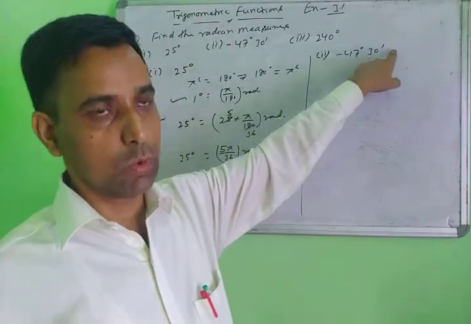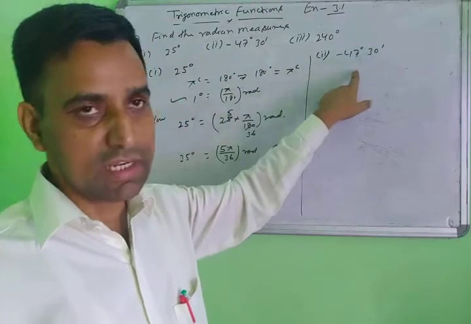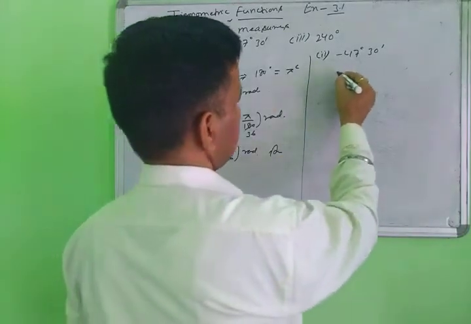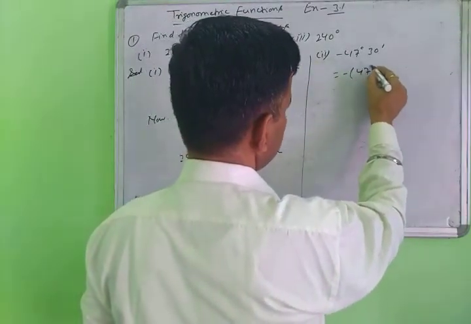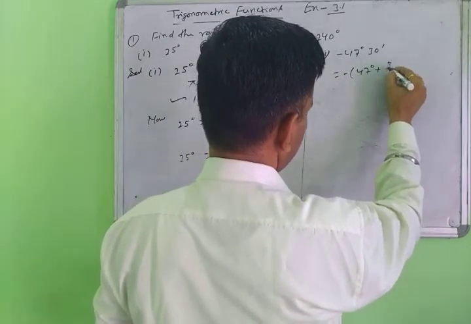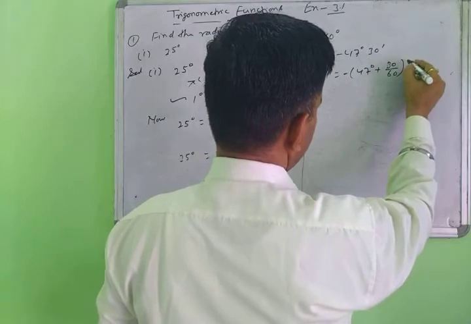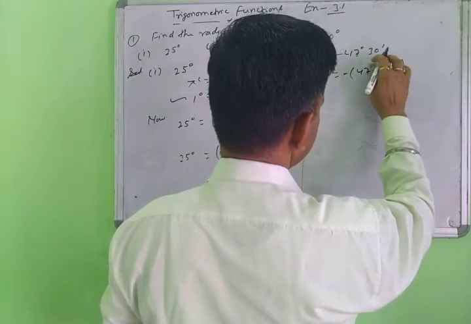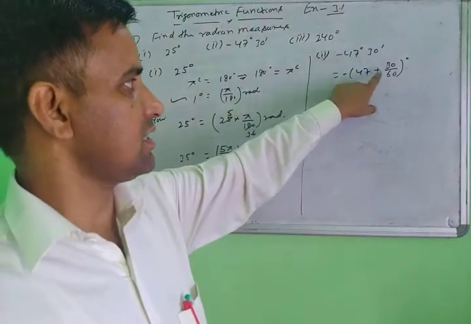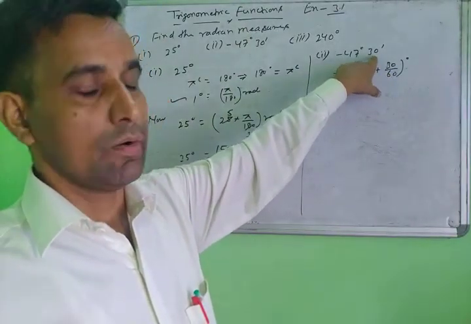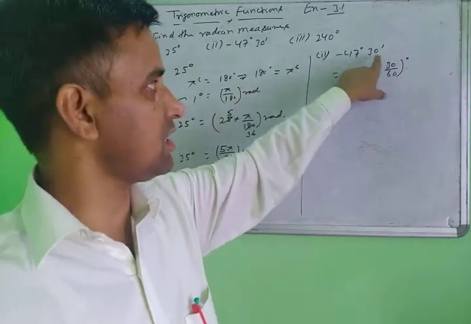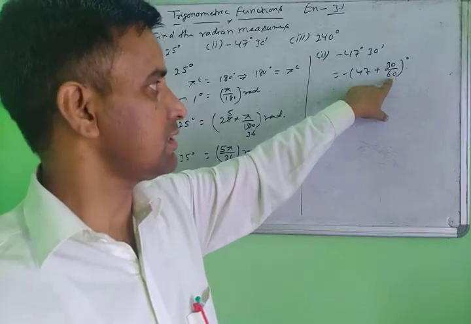Suppose you have seconds also, then you convert minutes and seconds into degrees, then solve, then convert into radian. So minus 47 degrees, with the minus sign outside, plus 30 upon 60. Minutes convert into degrees, so divide by 60.